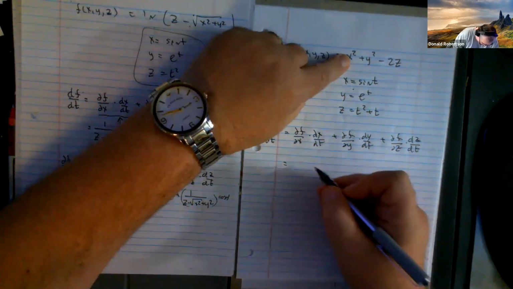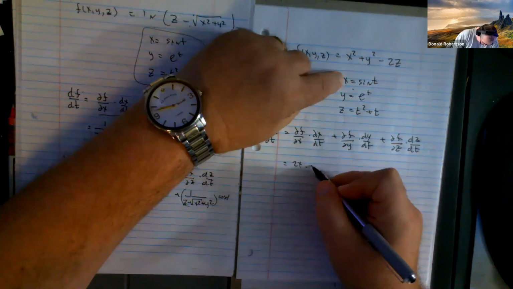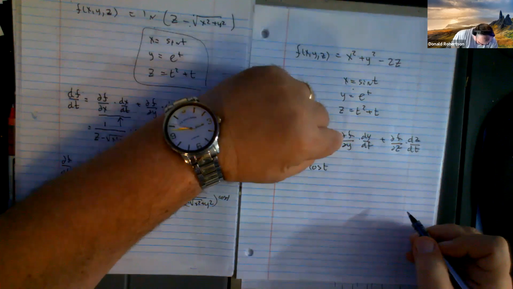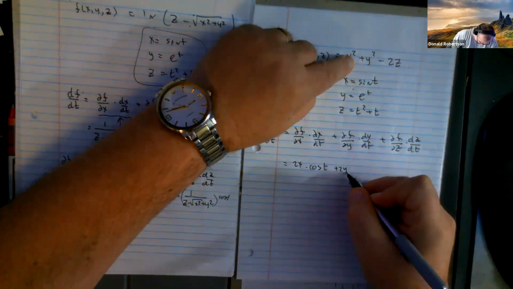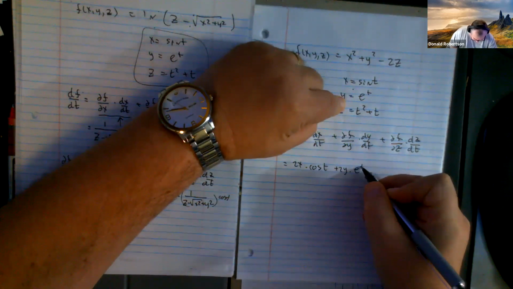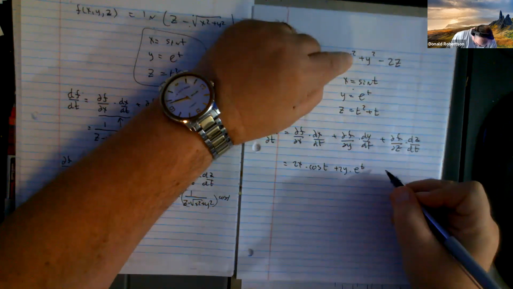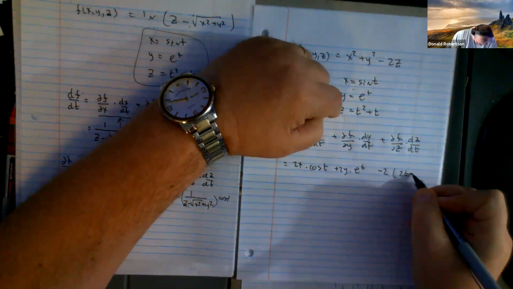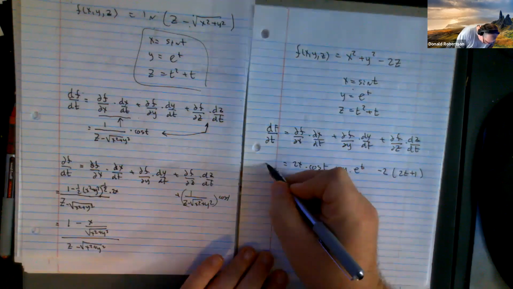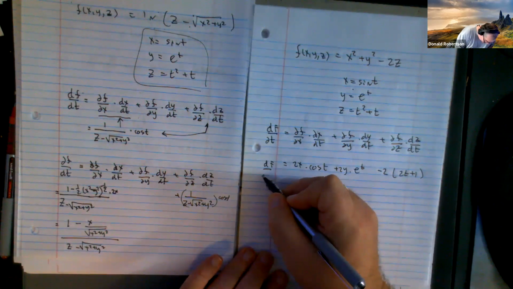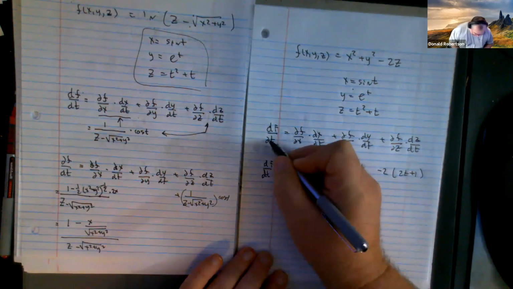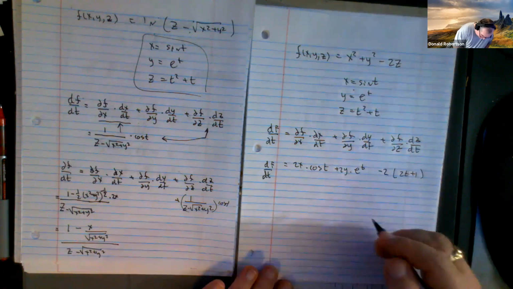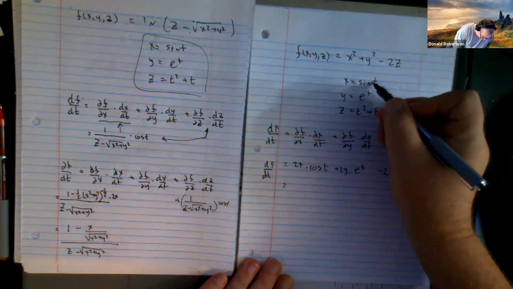That guy gets you 2x, the derivative of this guy gets you cosine t, right? That's much cleaner, right? This fella gets you 2y, and the derivative of him is e to the t. And this guy gets you negative 2, and the derivative of this guy is 2t plus 1. So what we need to do is make this look a little bit prettier. And all I'm going to do is replace the x with sine t.